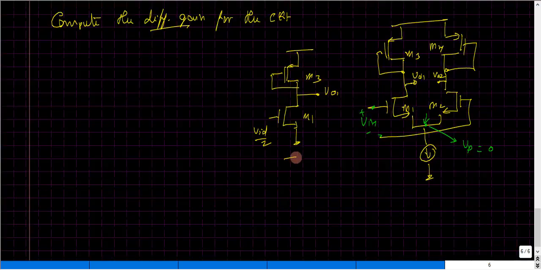This circuit is basically a common source amplifier with a diode connected load.